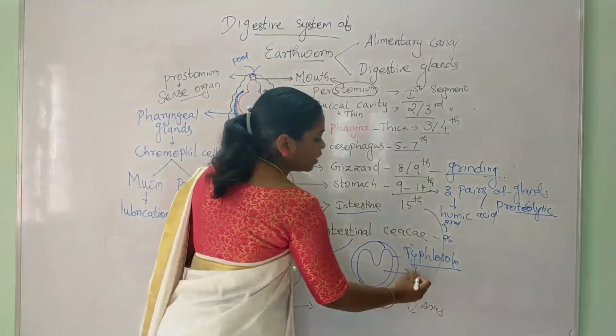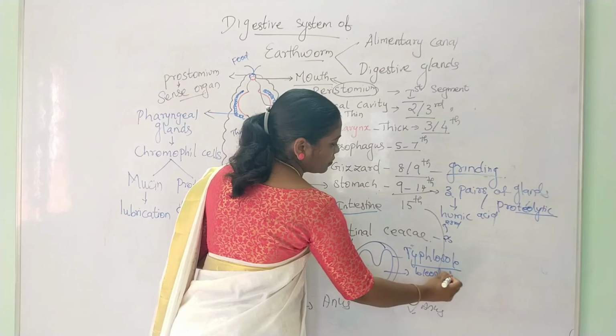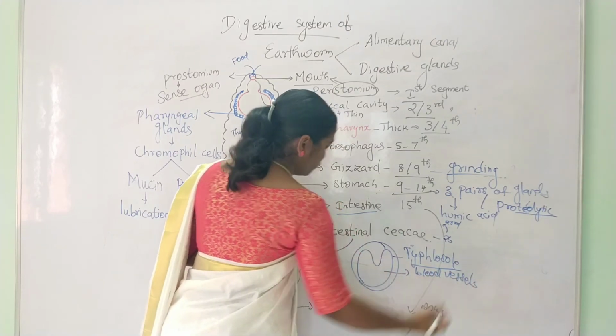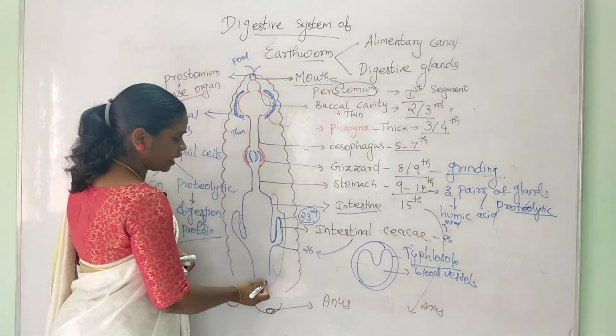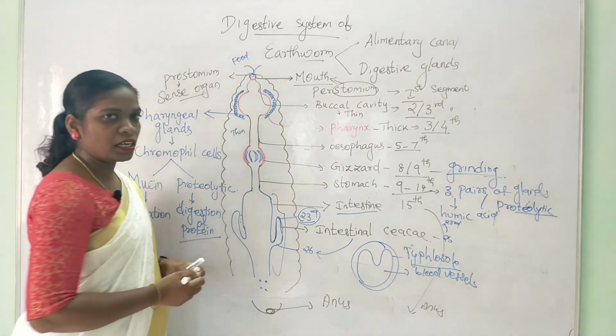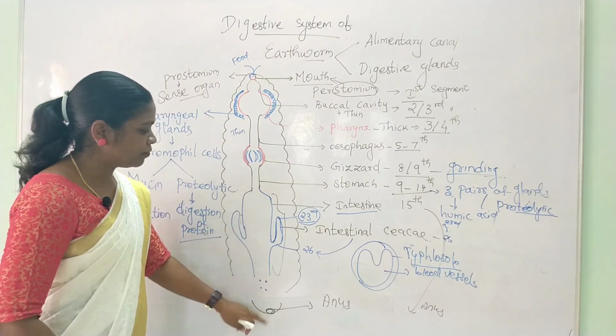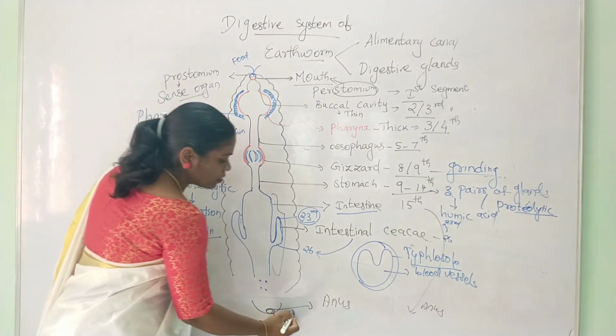It is richly supplied with blood vessels. Followed by this, you can find lymph glands here. The digested food comes out of the anus as worm cast.